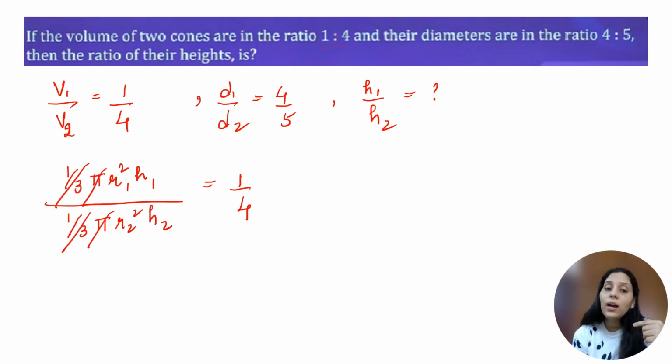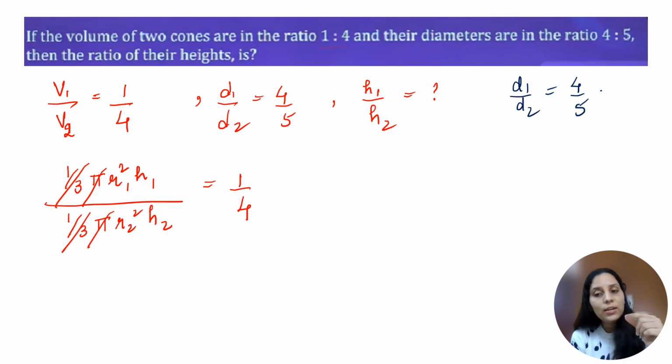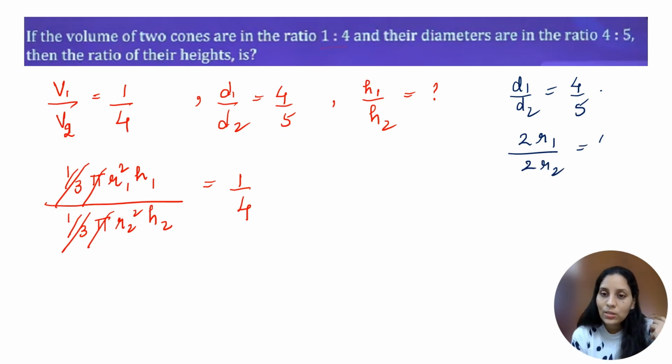Now here we are having the radius. Let's say I take this d1 by d2 as 4 is to 5. Instead of d1, can I write it as 2r1, because 2 times radius gives you the diameter. Similarly, 2r2 is 4 by 5.